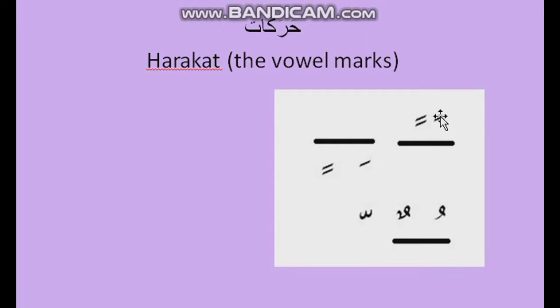The first one is fatha, fathatain, kasra, kasratain, and then dhamma, dhammatain. Tasdid makes the letter double, like amma. So the sound of ma becomes double, amma, like that.